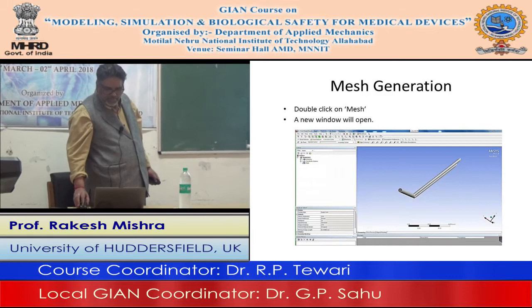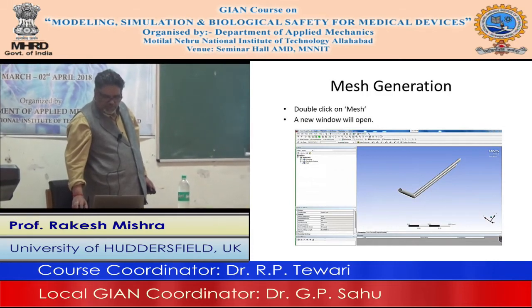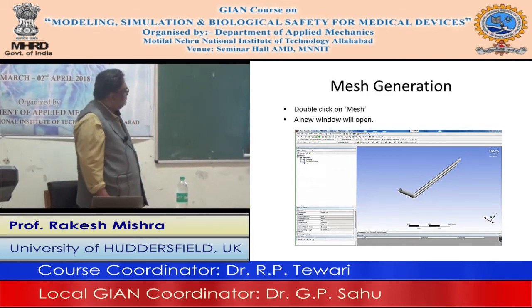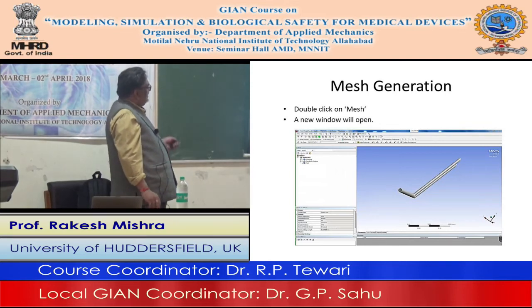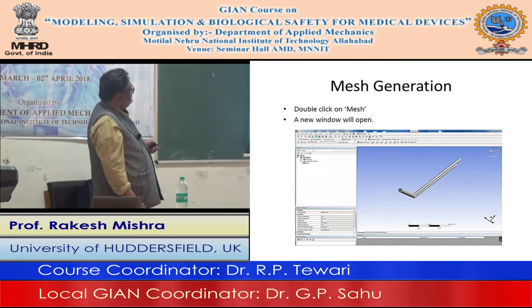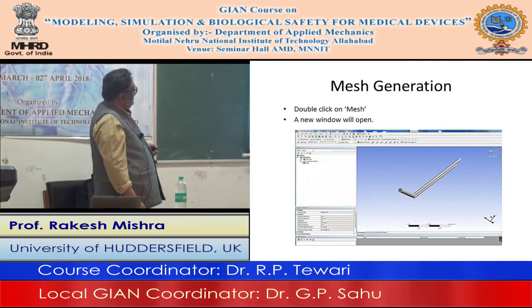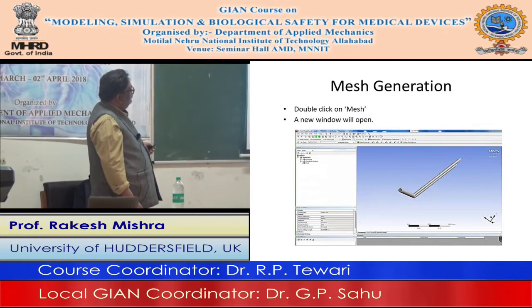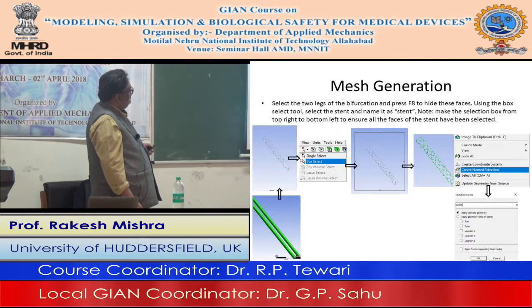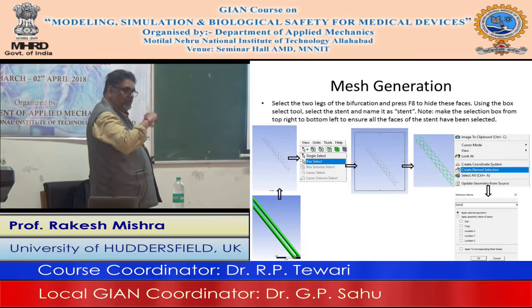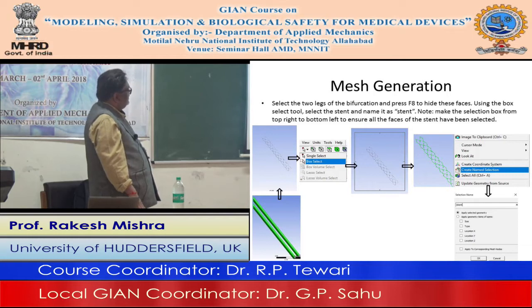So we name it as inlet, we name the other two faces as the outlets, and then we select the two legs of the bifurcation and then we hide them, and then using the box select tool we select the stent and name it as a stent. So only the stent part has been named as a stent, not the arterial part.